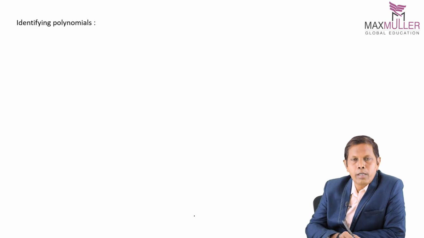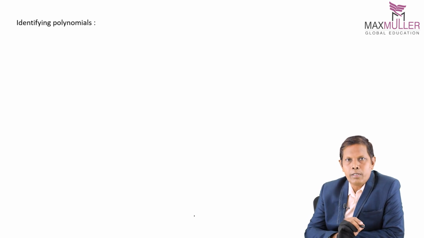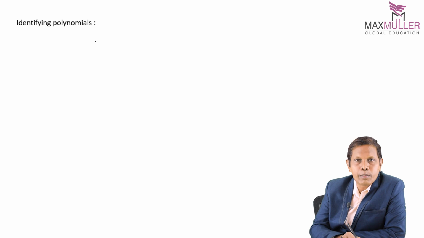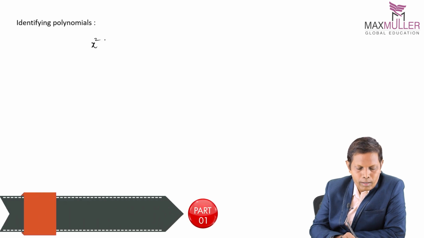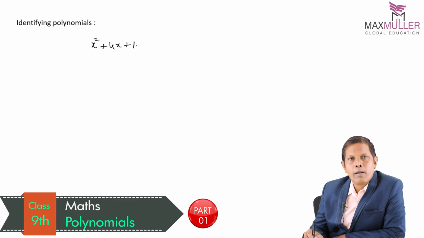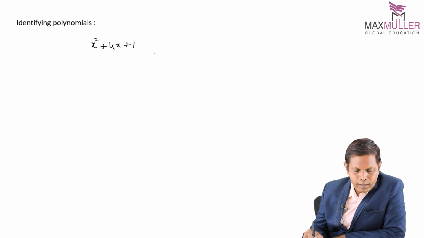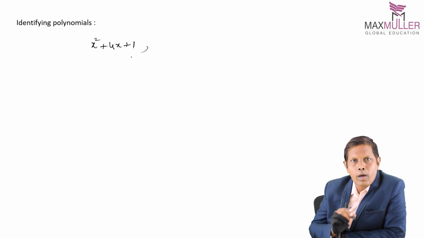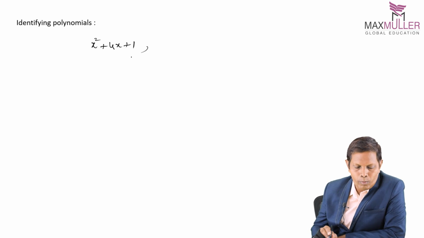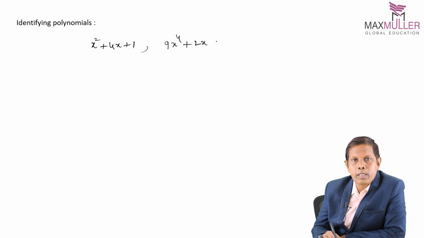So okay students, identifying polynomials. You know algebraic expressions previously. So here we have some expressions. X square plus 4x plus 1, that is one expression. We have to verify whether this algebraic expression is a polynomial or not. Second one is 9x power 4 plus 2x plus 7.